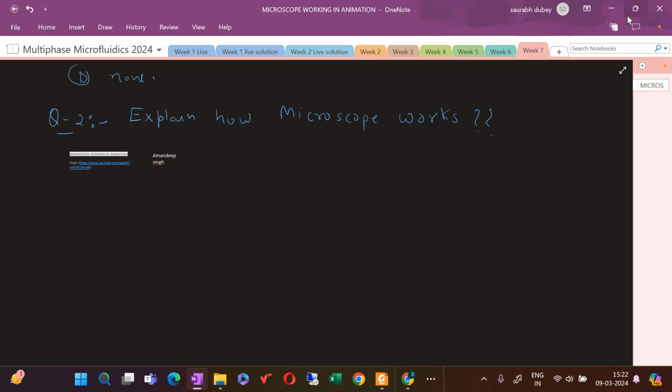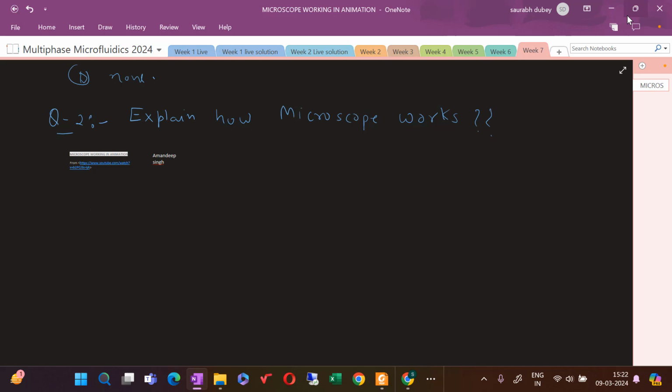So only a few parts in the microscope are very necessary. Especially we are here discussing the light microscope. In light microscopes, there could be two possibilities. One is that it is inverted or upright.